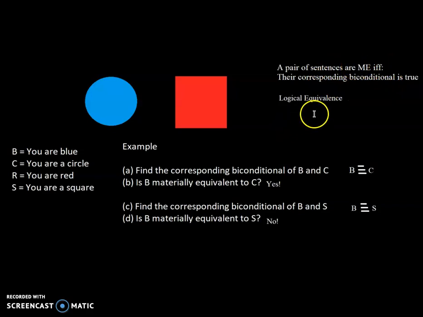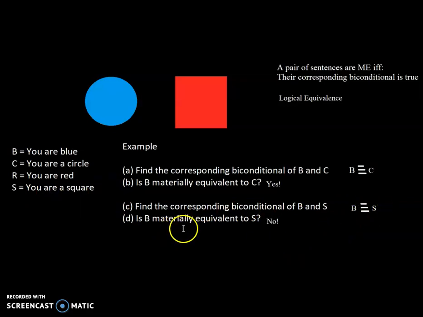Okay, so let's work through this last example here. Let's do the corresponding biconditional of being blue and being a square: you are blue if and only if you are a square.